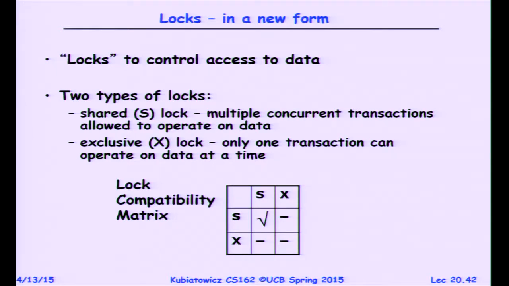This compatibility chart basically says that 2 shared locks are possible on the same item, but you can't have an exclusive lock and any other type of lock on that item at the same time. Okay, does everybody see that matrix make sense? And by the way, remember when we did the readers-writers example a while back? I know this is way before midterm 1, but same idea here. So these are readers and writers.